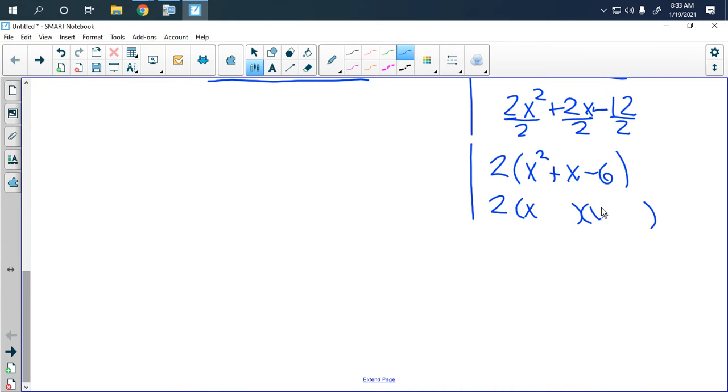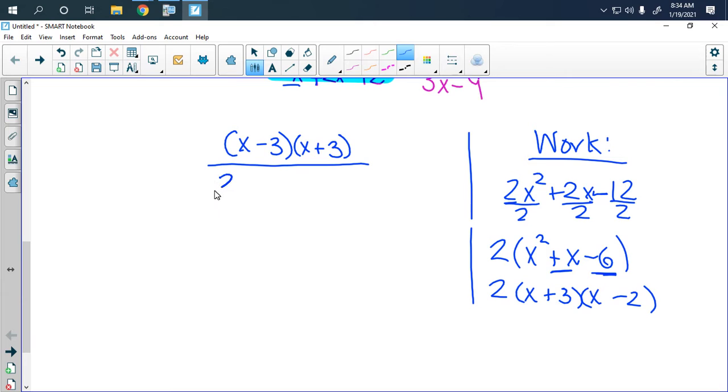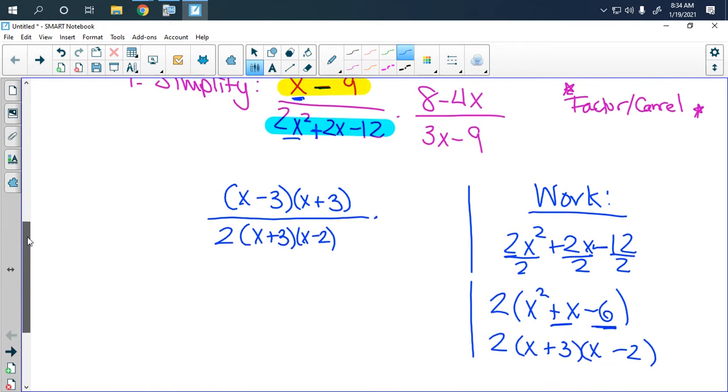So now I have x and x. I need to multiply to negative 6 and add to positive 1. So that's going to give me positive 3 and negative 2. So now I'm going to bring that back over to my denominator. So 2 on the outside, x plus 3, x minus 2, times, here I have 8 minus 4x.